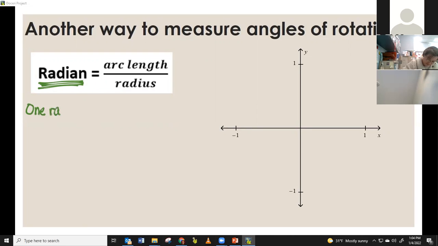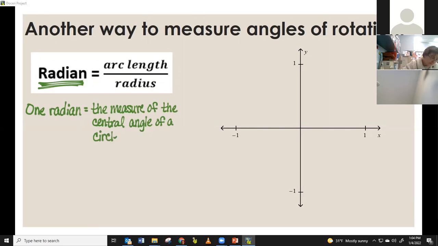So 1 radian is equal to the measure of the central angle of a circle subtended by an arc equal in length to the radius of the circle.